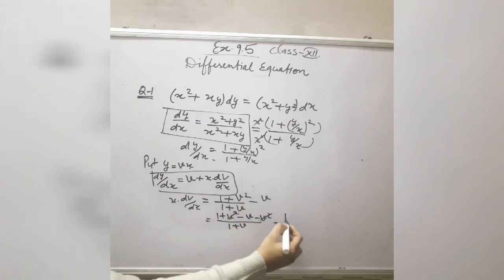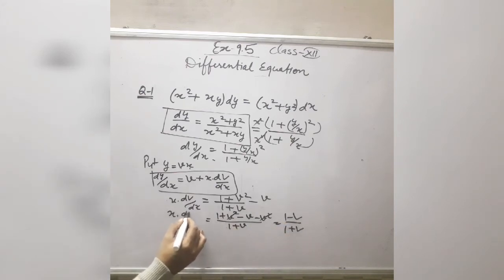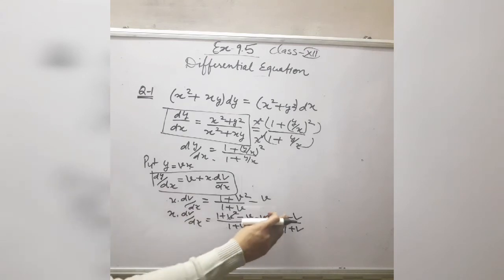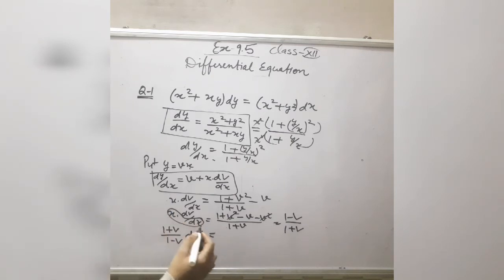You will get (1 minus v) by (1 plus v) on this side, and x into dv by dx. Now taking the terms containing the v variable on this side, it becomes (1 plus v) by (1 minus v) into dv, and shifting the terms containing the x variable to the other side, you will get dx by x.